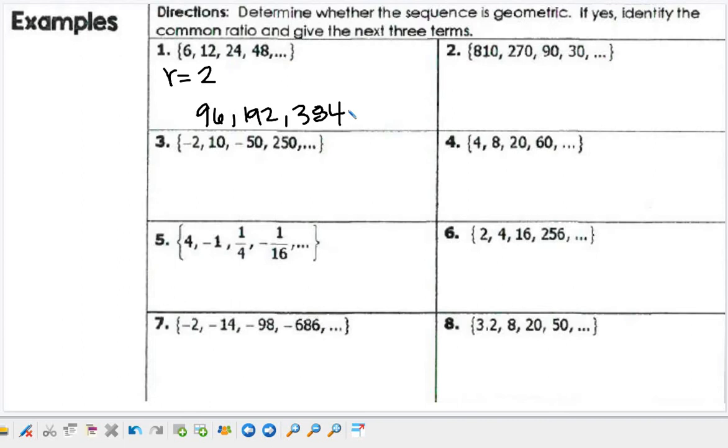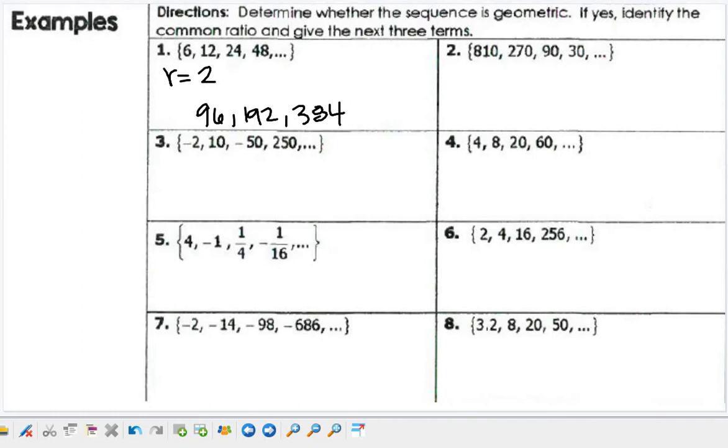Number 2, so we have 810, 270, 90, 30. So you may have to try it in your calculator to see what's happening. When you do this, it's always the second term divided by the first. So 270 divided by 810 gives me a ratio of 1/3, which is divided by 3.